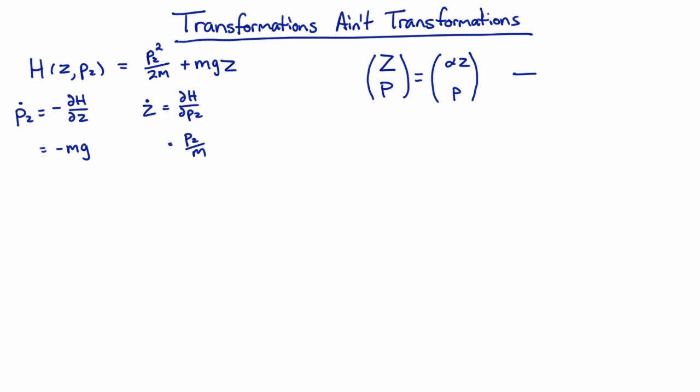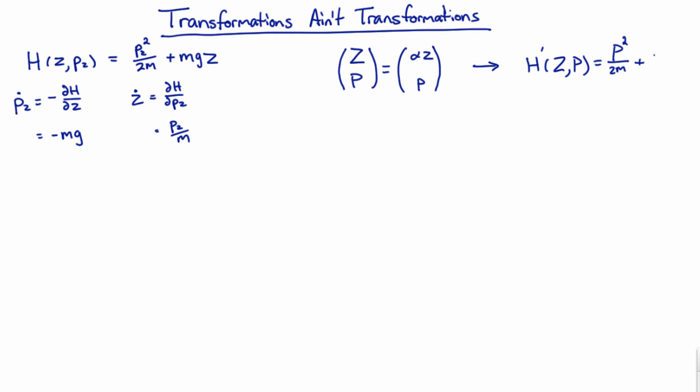So that would imply that if we were to just make that transformation, our new Hamiltonian of big Z and big P would just be the same kinetic energy term, big P squared on 2m, except this time our Z will be scaled, mg big Z on alpha, by our scaling factor.